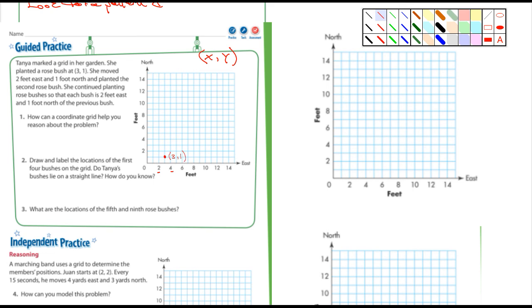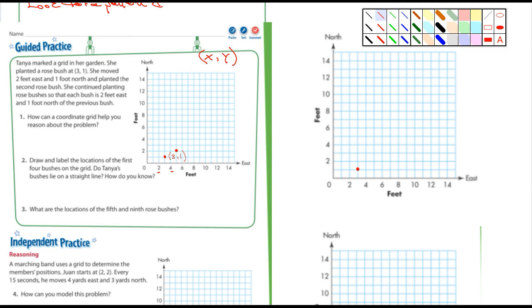And then she continued planting rose bushes so that each bush is 2 feet east and 1 north of the previous bush. So I'm going to go 2 feet east, 1, 2. So that brings me to 5. And then 1 more north. So the next rose bush would be right there. And I don't have much room to write. It's kind of small. Actually, I should have been using this one. It'd be a little bit easier. I think I will. It's a little bit larger. First off, I'm going to go to 3, 1 right there.